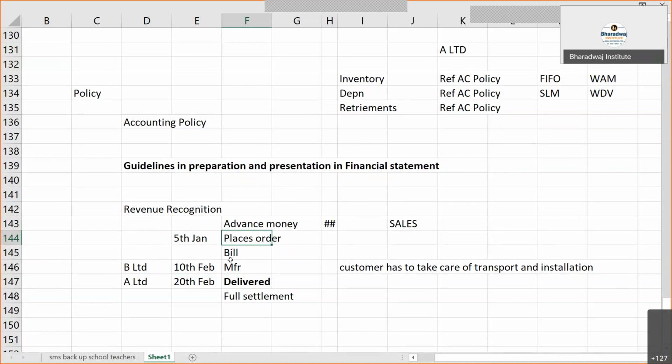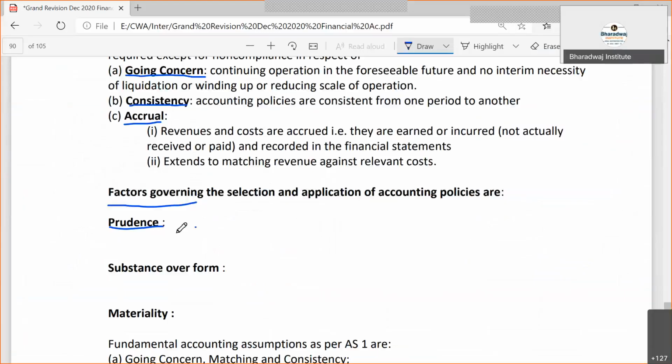No, sir. Manufacturing you can do, delivery you can do, that's okay. But can you develop an accounting policy which says, when a customer places the order, I will record the income? No, because it is against prudence. You are recording an anticipated income.